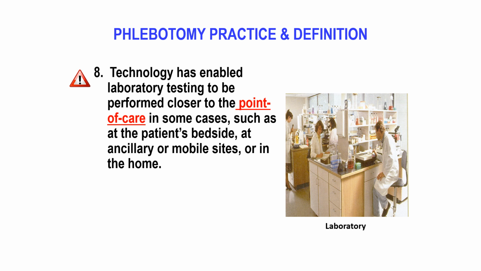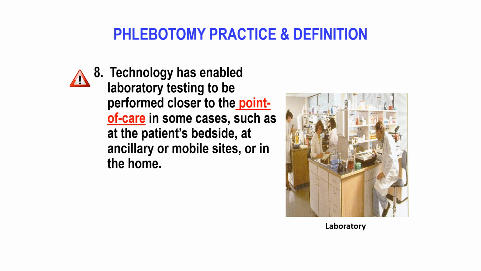Now remember, technology has enabled laboratory testing to be performed closer to the point of care. What does that mean? That means in some cases, we can go right at that patient's bedside, stick their finger, run a point of care glucose test so we can find out right there by the patient's bed what their glucose is so we can make quick decisions on what treatment to do with them.